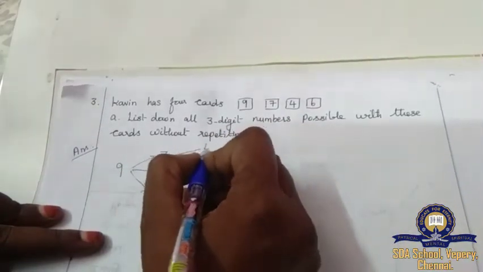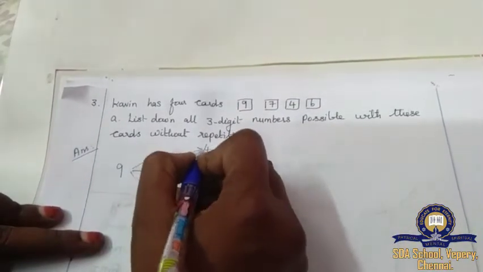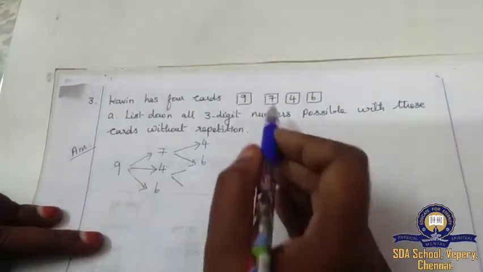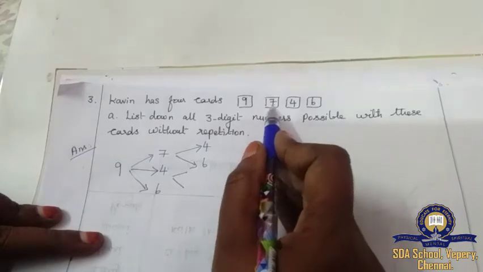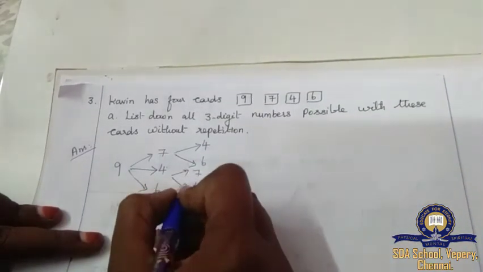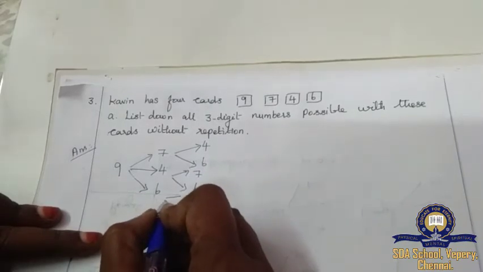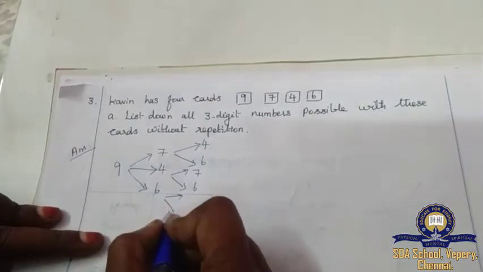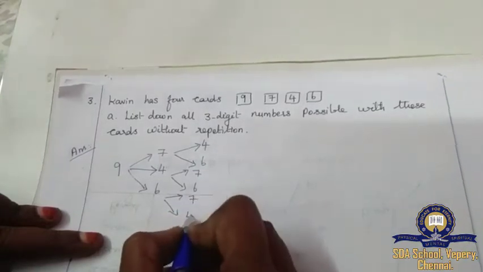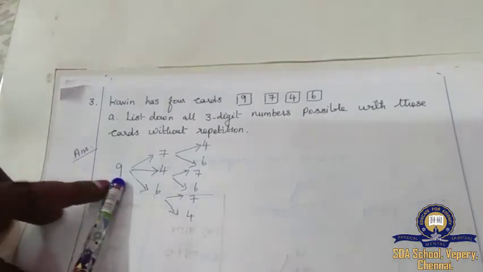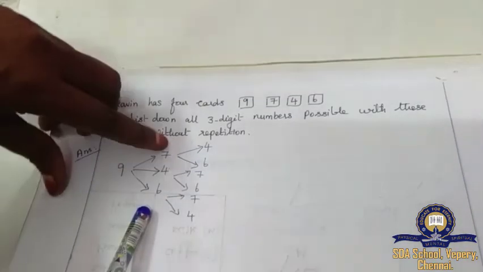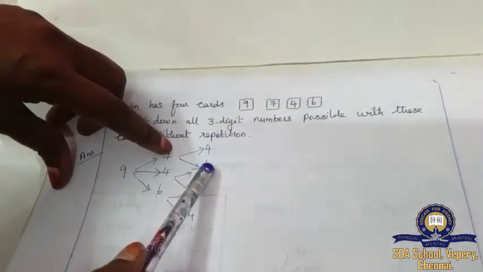For 4, the remaining are 7 and 6. For 6, the remaining are 7 and 4. So see, first take 9, then the remaining 7, 4, 6, and after 9, 7, write the remaining 2 numbers.